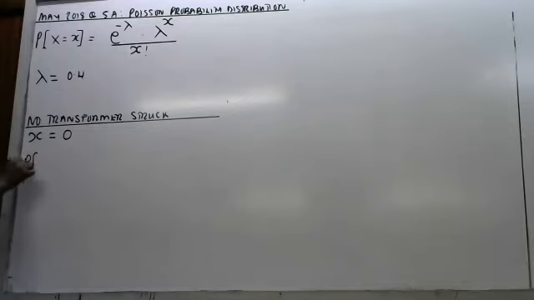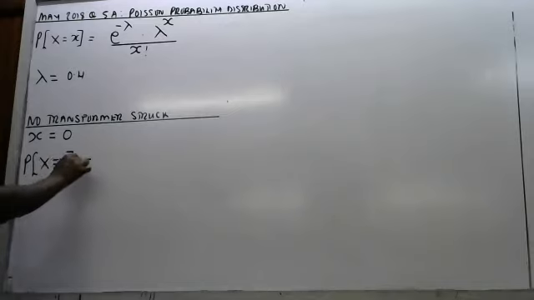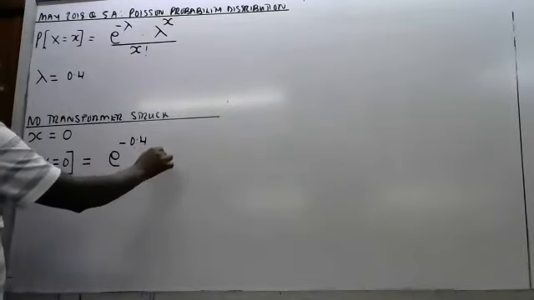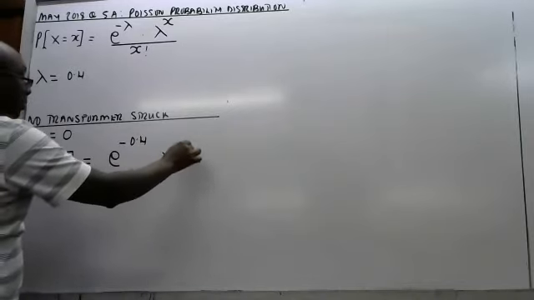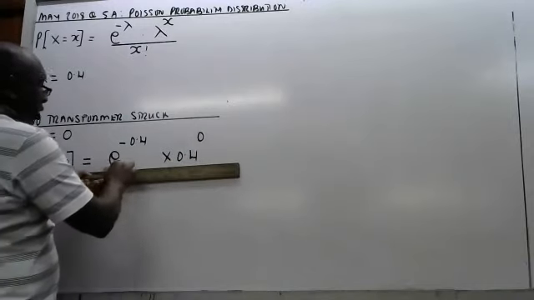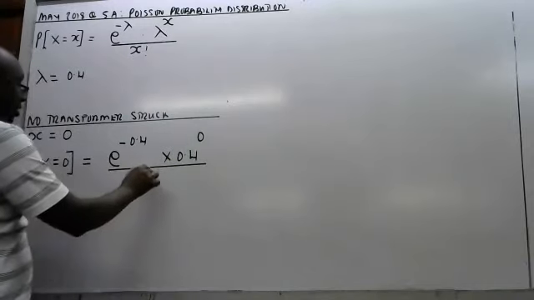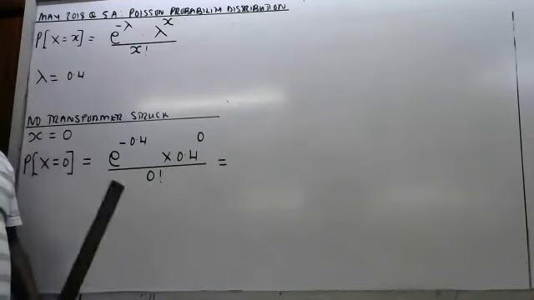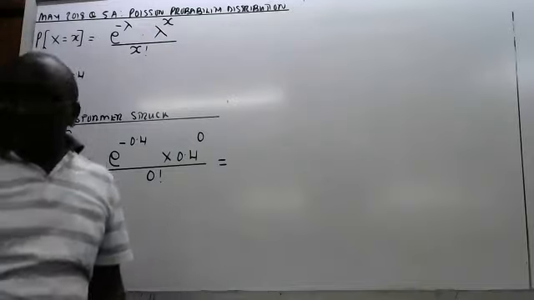So the probability that x is equal to 0 will be equal to e raised to power minus 0.4, times 0.4 raised to power 0, you divide by 0 factorial.